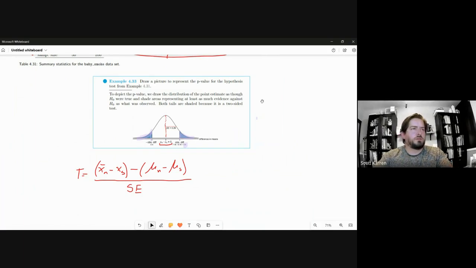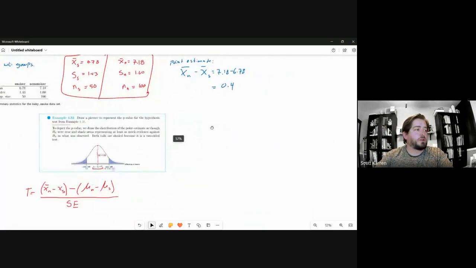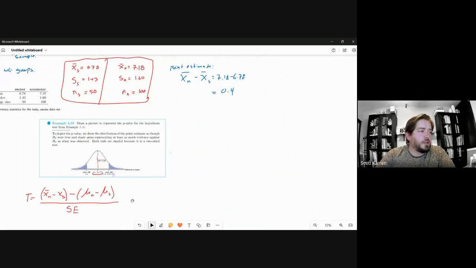They have it here. We didn't compute it. Right. So let's compute it. We're going to need it. But we have all of these values in that t equation except that standard error. So let's compute that guy here.